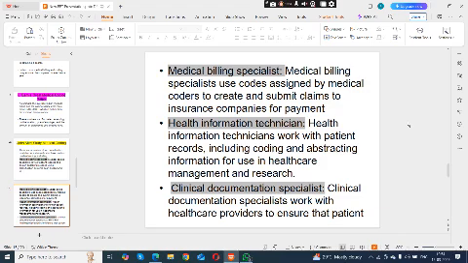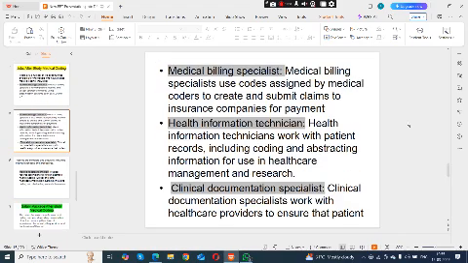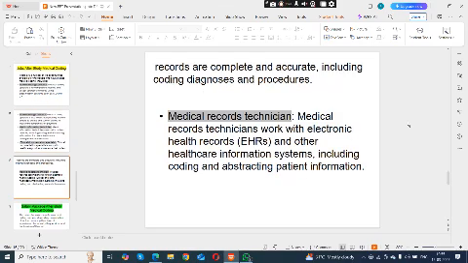Coming to the health information technician, or HIT. A health information technician works with patient records, like coding and abstracting information for use in healthcare management and research. Coming to the clinical documentation specialist, the role is mainly to work with healthcare providers to ensure that patient records are complete and accurate.